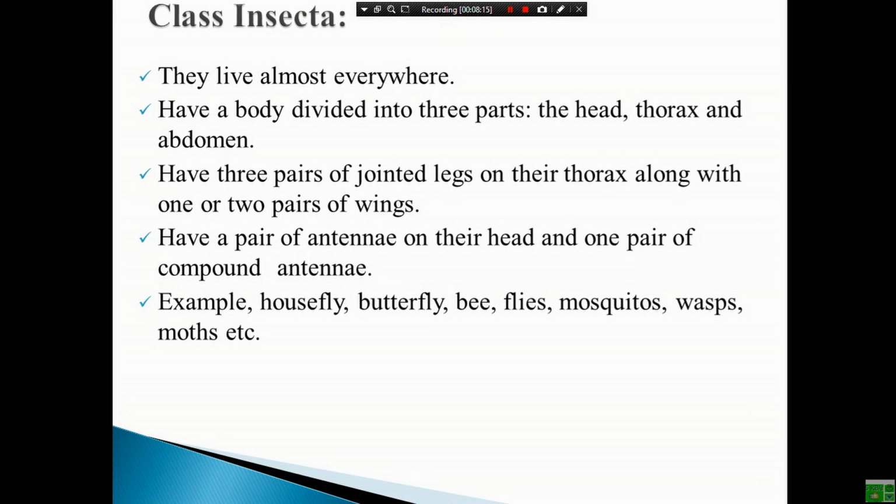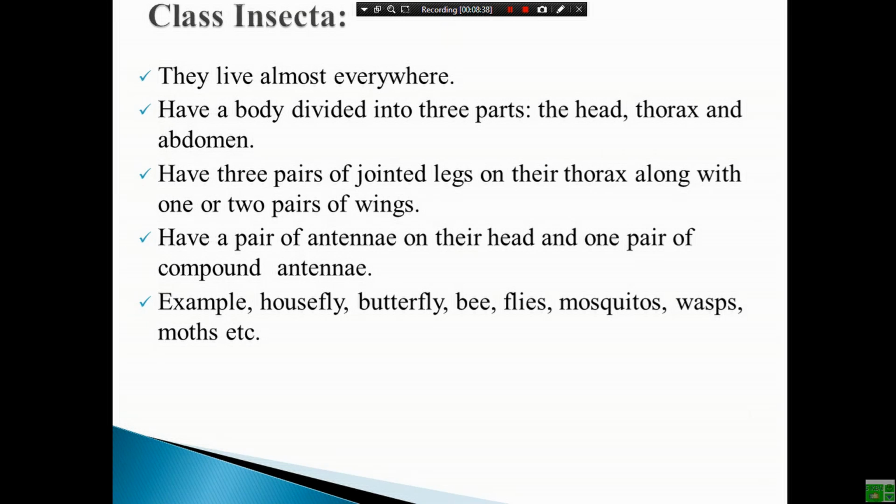Let's discuss them one by one. The first class is class Insecta. They live almost everywhere. They have a body divided into 3 parts: the head, thorax, and abdomen. They have 3 pairs of jointed legs on their thorax, along with 1 or 2 pairs of wings.